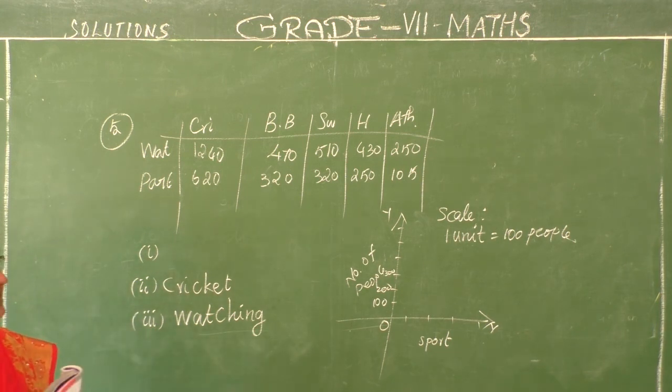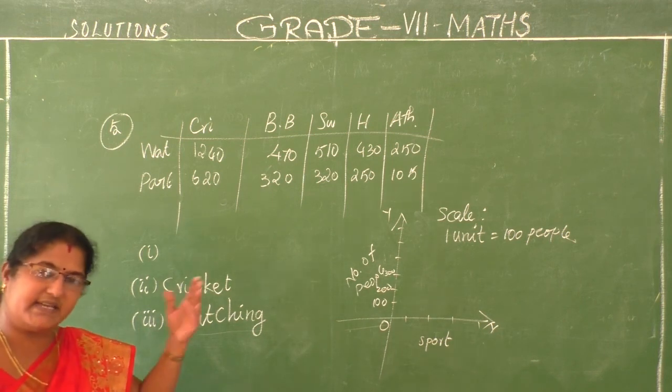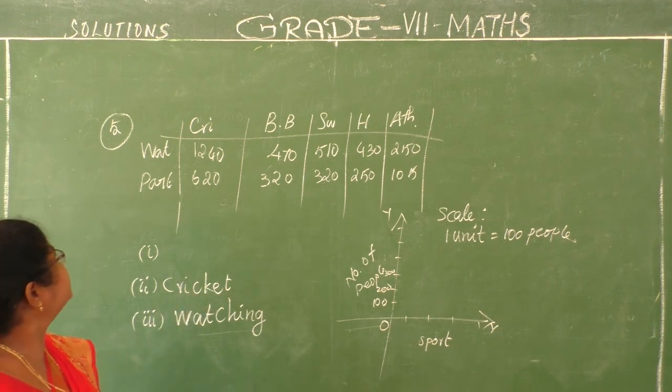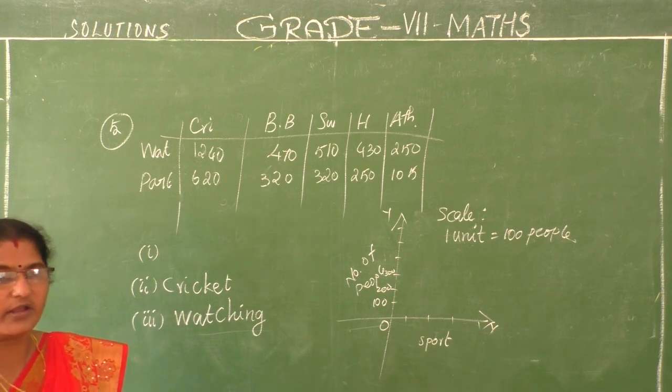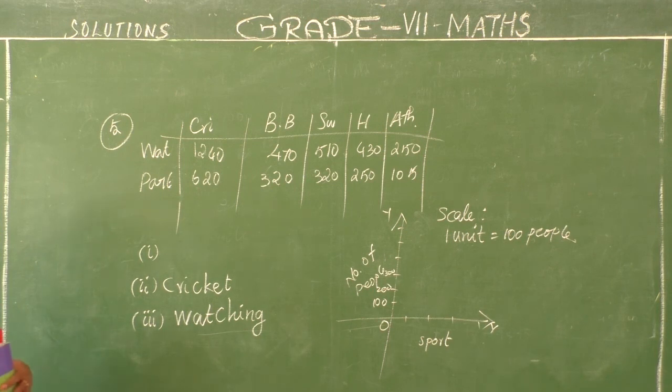Okay, you should draw the graph. Sixth question, you need not do, the table is given before. Enough, these 5 questions you draw in a graph neatly, that's enough. What do you infer from the bar graph?